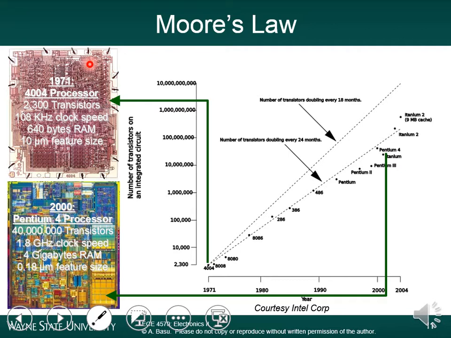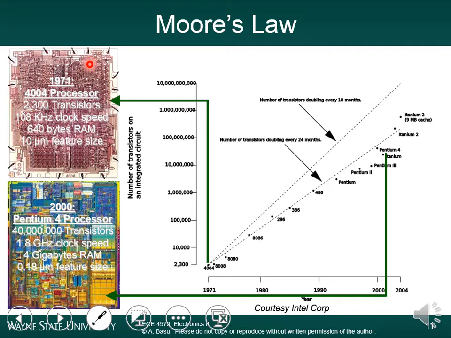And the amount of RAM was 640 bytes. And the size of the transistor, the physical dimension of each NMOS and PMOS device, was about 10 micrometers. Now, to give you an appreciation for what 10 micrometers is, the diameter of your hair is 100 micrometers. So 1/10 of that is the size of the transistor back in the 1970s.